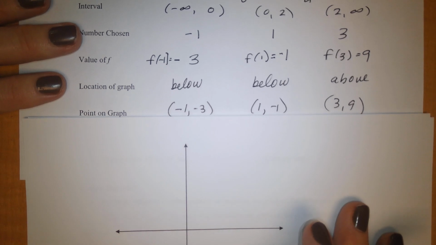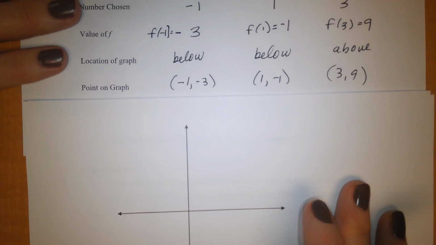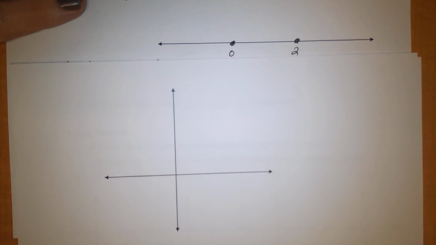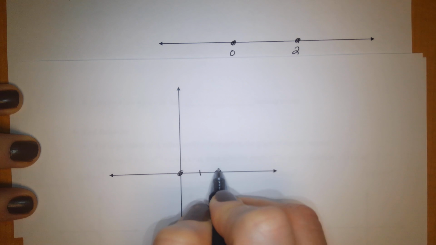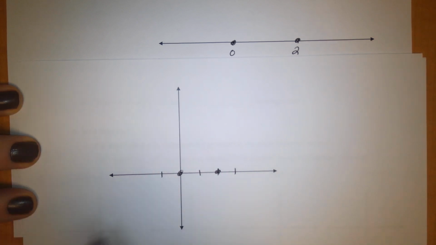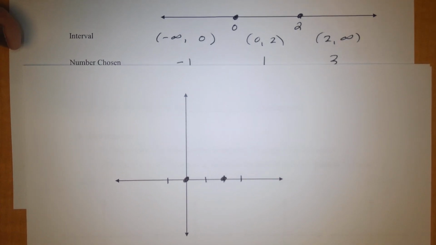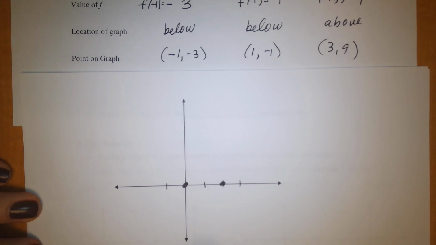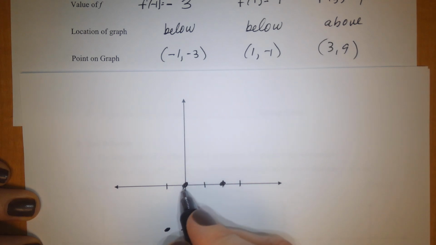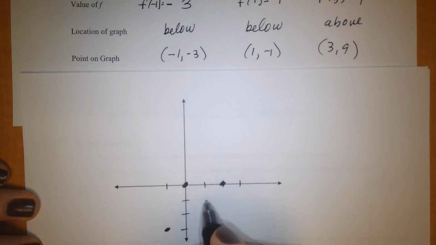Okay, so on my graph, first of all, I know I have these x-intercepts at 0 and 2. So these points are my x-intercepts. And I also know that I will have these points on my graph: (-1, -3). So it starts below the x-axis, comes up, touches this 0, and then comes back down because it has to hit the point (1, -1).